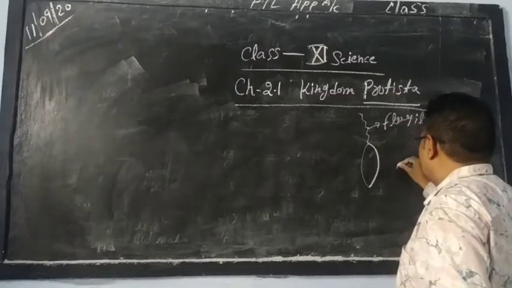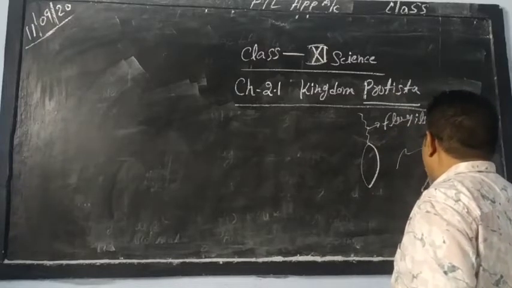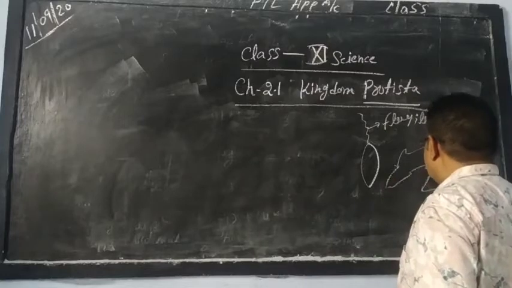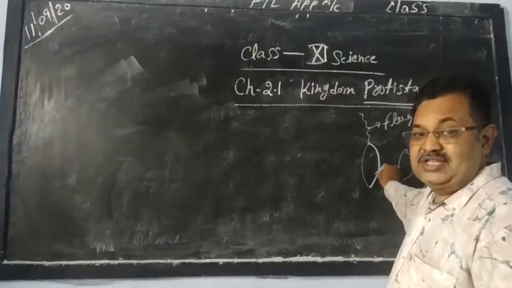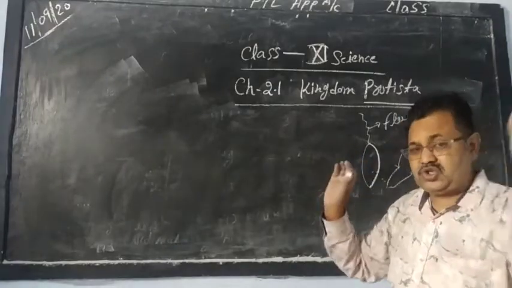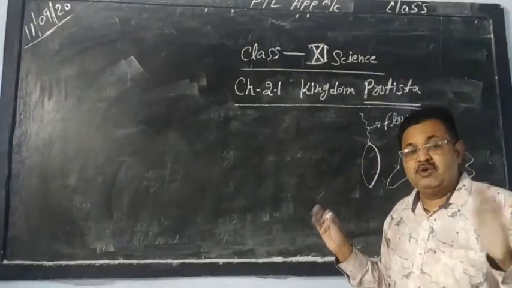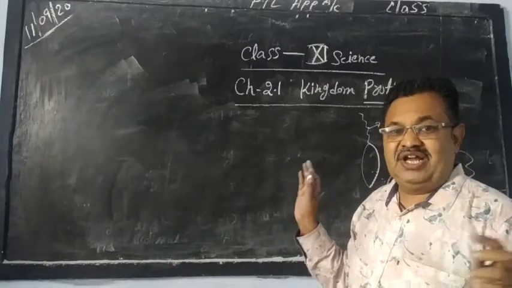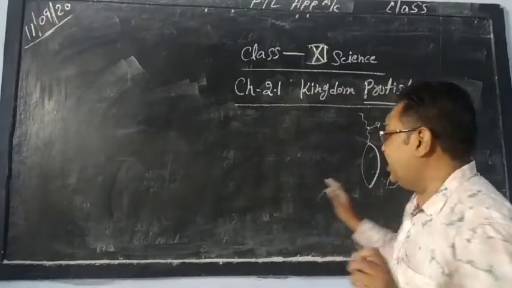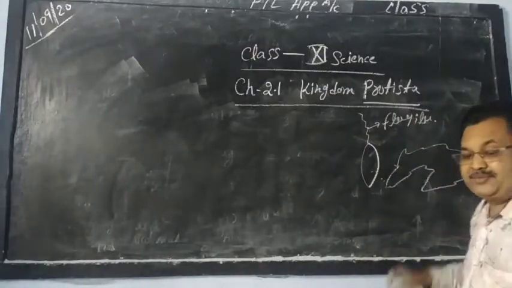Second one is pseudopodia. For example, in amoeba, this type of locomotory organ is known as pseudopodia. Pseudo means false, podia means feet. So they have false feet, and an example of such an organism is amoeba.